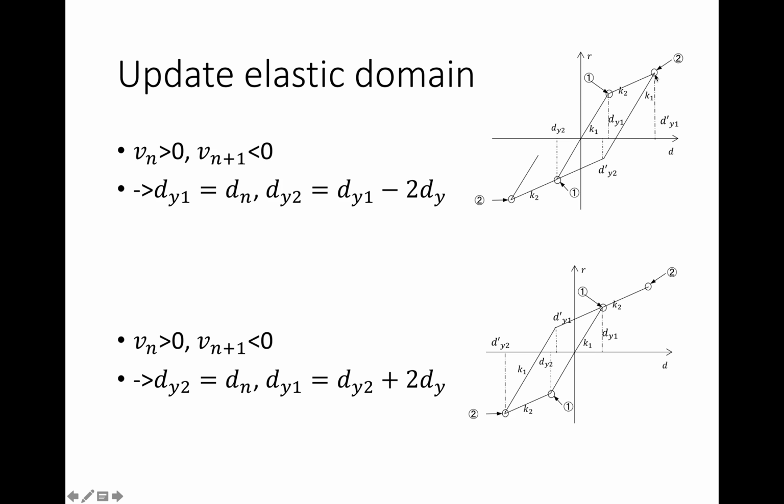After loading to here, we can see that dy1 will be changed to dm, which is the unloading displacement, and dy2 will be dm minus 2 times dy. So it should be negative direction, so it should be dy2. Or when we load into the negative direction and they go back to the positive direction, the lower limit dy2 will become dn, and dy1 will become dn plus 2 times dy.